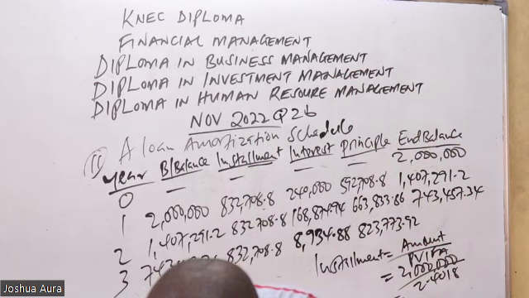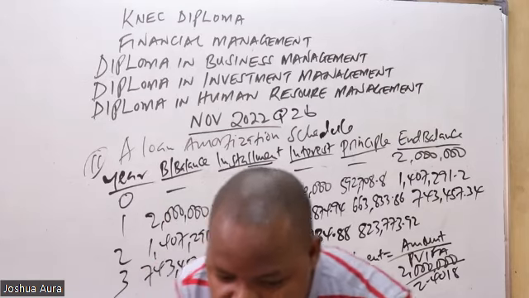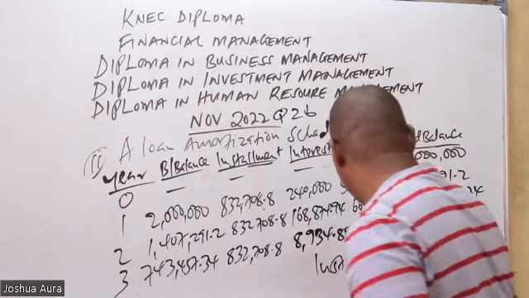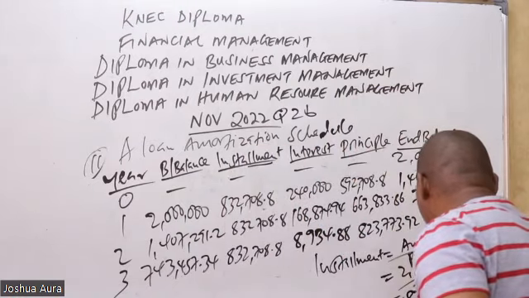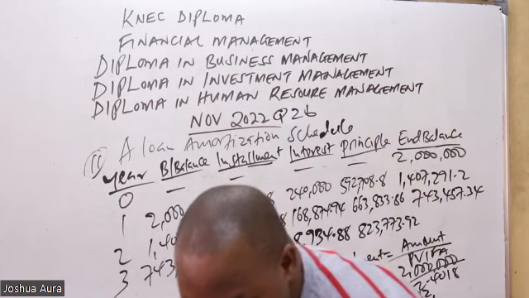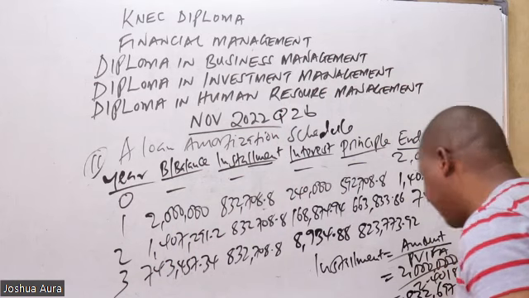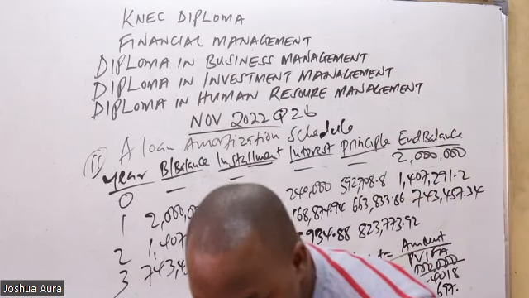832,697.96. I can see now where we were wrong.